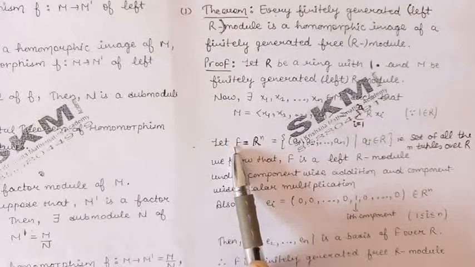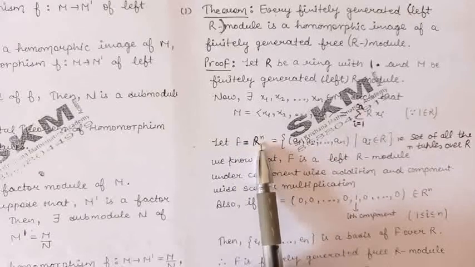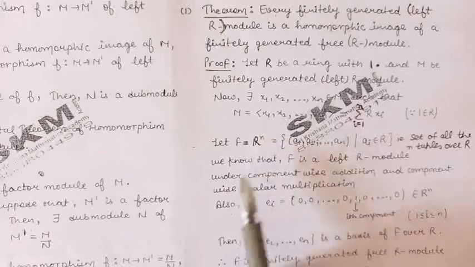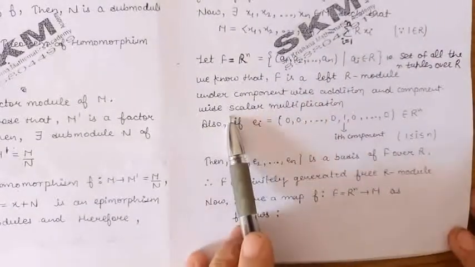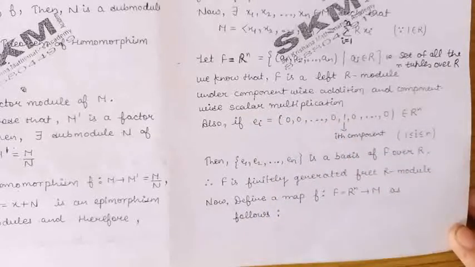Yesterday we discussed that this set of all the n-tuples over the ring R is a left R module under the componentwise addition and componentwise scalar multiplication.